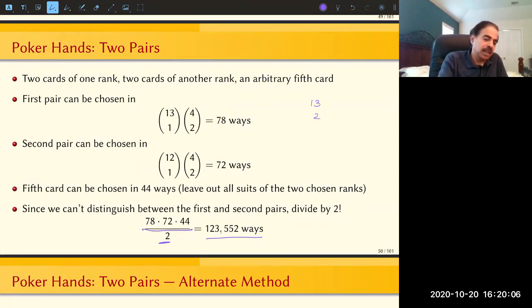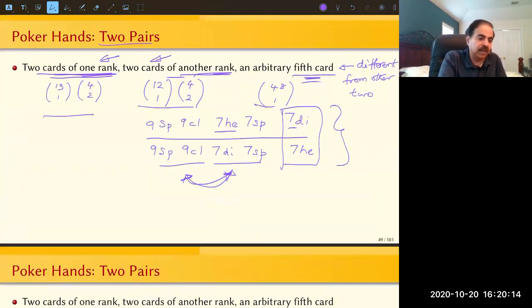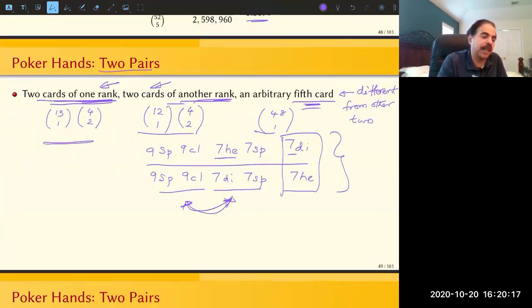So let's summarize the way we have done this calculation. We picked the first pair, and this is the number we got. We picked the second pair, this is the number we got, and then we picked the fifth card.